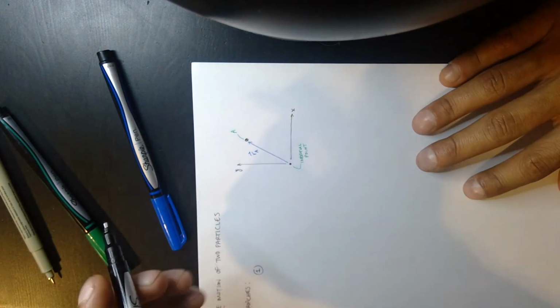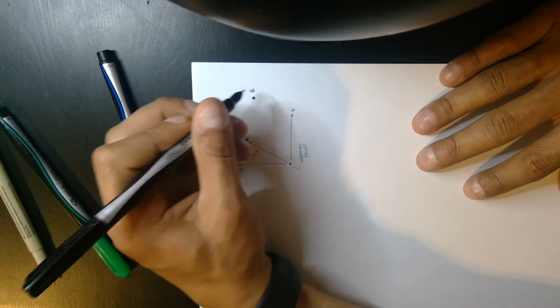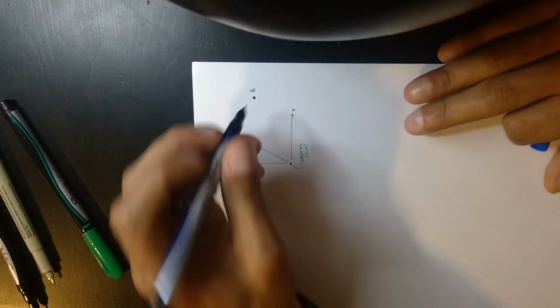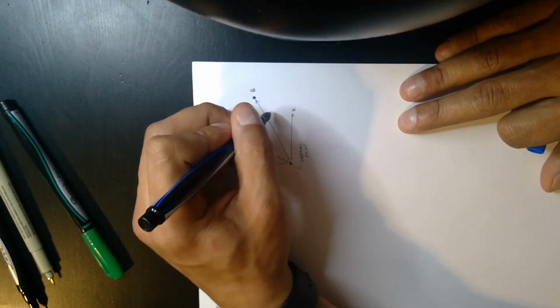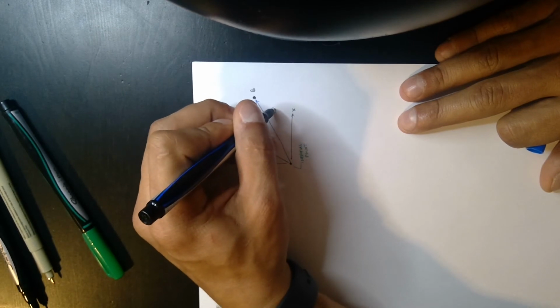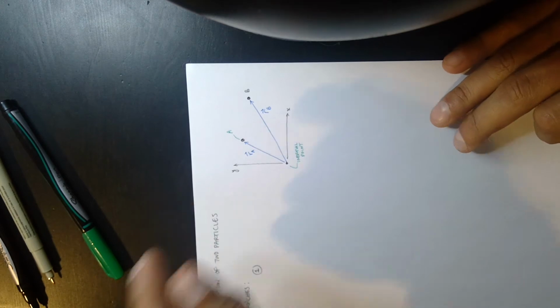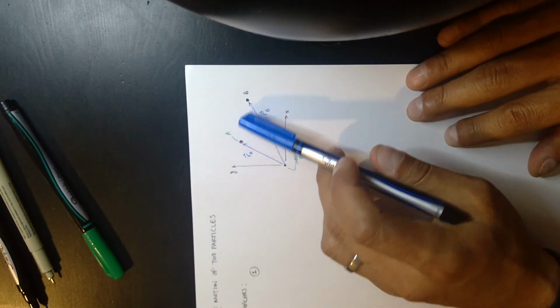However, if we have a second particle that we're dealing with, let's say this is particle B over here, then we can similarly draw a position vector to locate B with respect to our inertial reference point, as such.